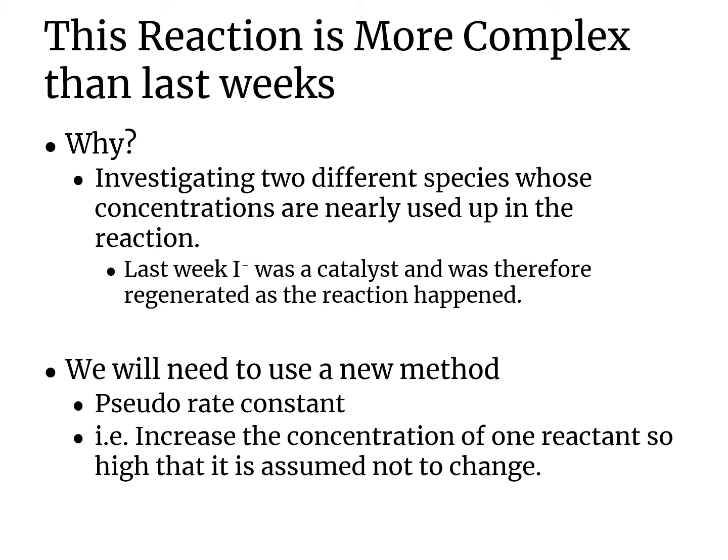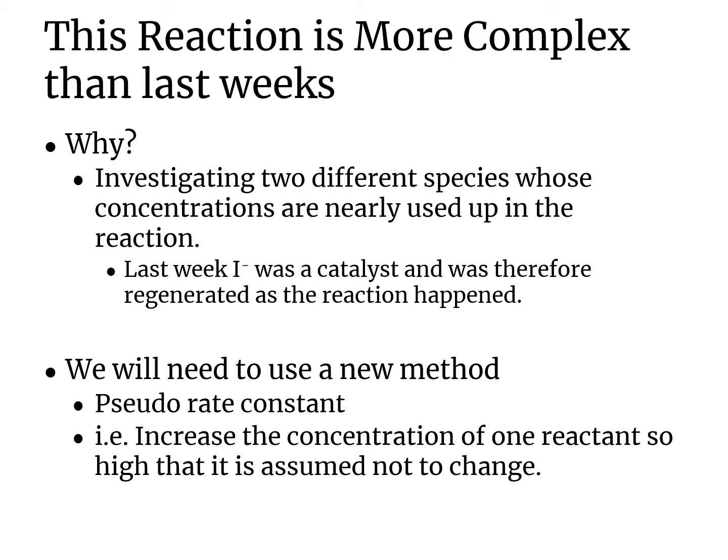And therefore, for this new method where we are using two different species, it's going to make our calculations more complex, but there's a new way that will make sure that we still get to analyze and understand the rate law expressions by looking at the concept of pseudo rate constant.